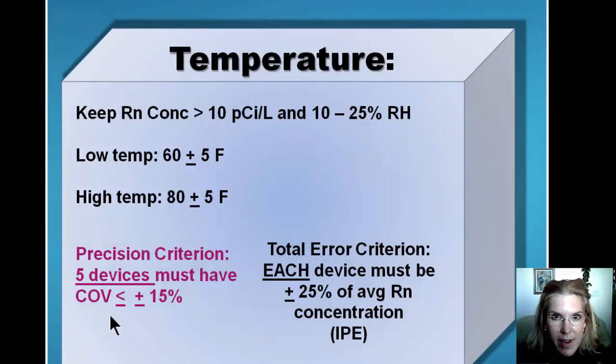So the 5 devices must have a coefficient of variation of less than or equal to plus or minus 15% to minimize the imprecision. And for total error, each individual device out of the set of 5 exposed at low temperatures and high temperatures needs to be within 25% of the average radon concentration in the chamber during the exposure.